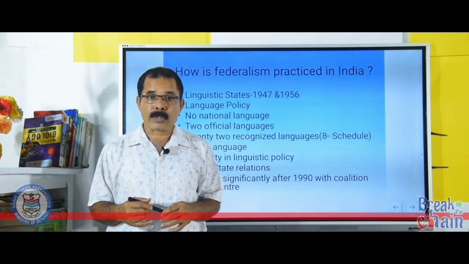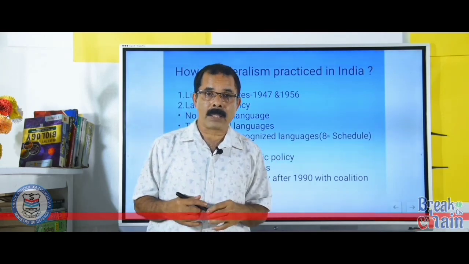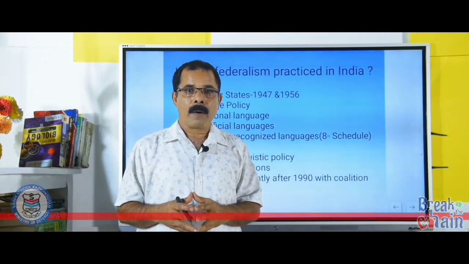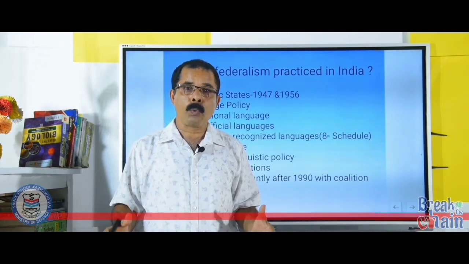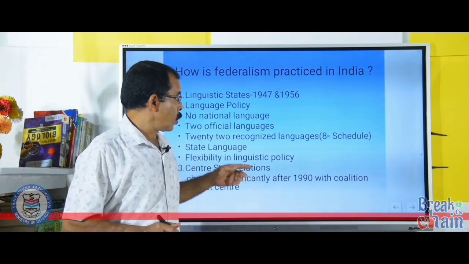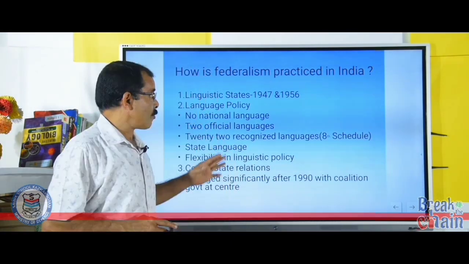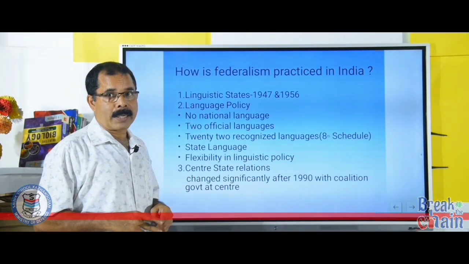But our constitution makers and policy makers felt that it won't affect our national integrity, but it will help the state to progress faster. So linguistic states were created in 1956. Second point is the language policy.